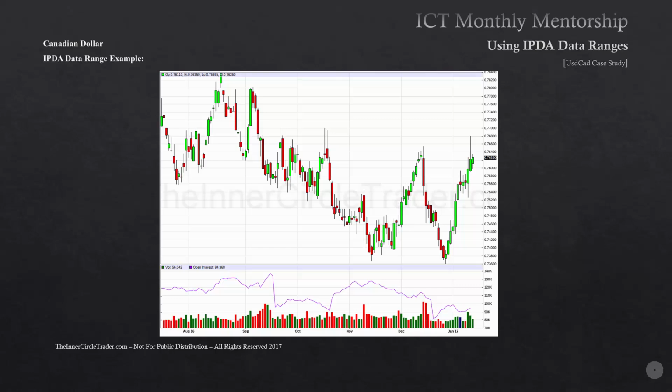Well, in this case, we are looking at the futures contract of the Canadian dollar, and I want you to look at the same reference points we just showed in the previous slide. We're just going to do the opposite in the futures market. You see the bodies of the candles being run out here in December and then quickly rejected.